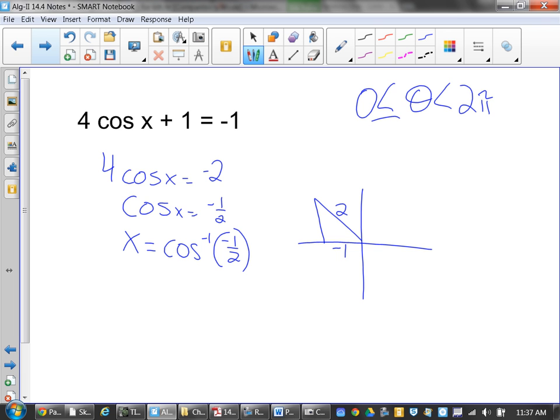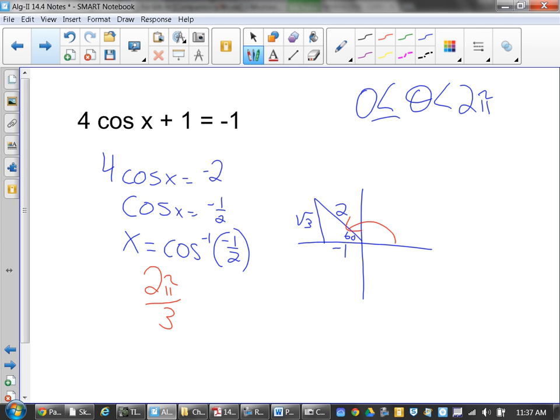There's my 2. So what's opposite me? Root 3. Good job. What angle is opposite of root 3 in a 30-60-90? 60. So that means my reference angle is 60, which means I'm at 120. In terms of radians, 2 pi over 3.